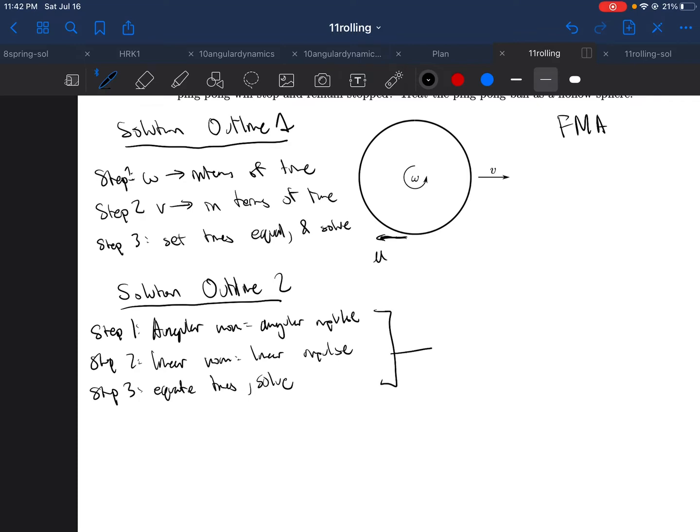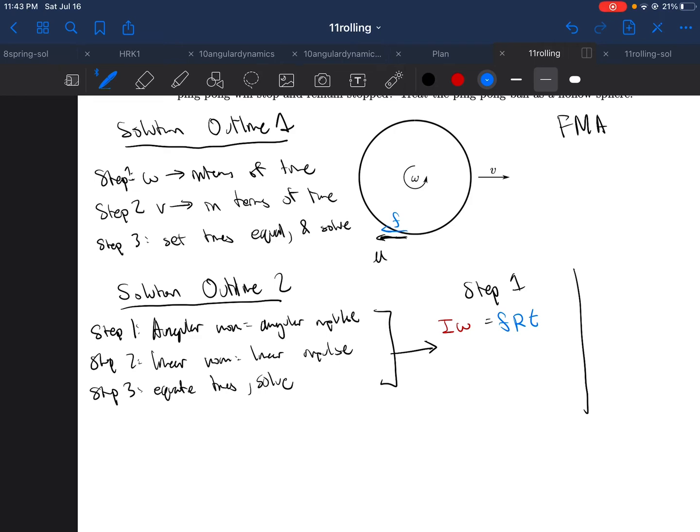So let's do it. The first step is to write angular momentum equals angular impulse. The initial angular momentum is Iw, and the angular impulse is force, so let's call the frictional force acting against it F, times the radius times time.